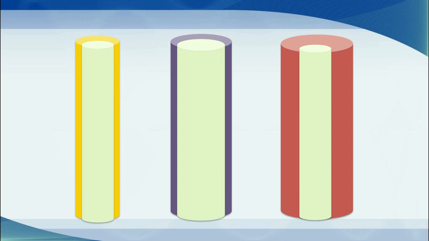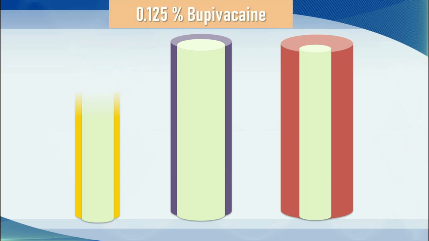An example of this is an epidural that's used for postoperative pain or for labor and delivery. In that situation, we're going to give our patient a continuous infusion of low concentration local anesthetic like 0.125% bupivacaine. This concentration is usually not high enough to impact either motor function or proprioception.